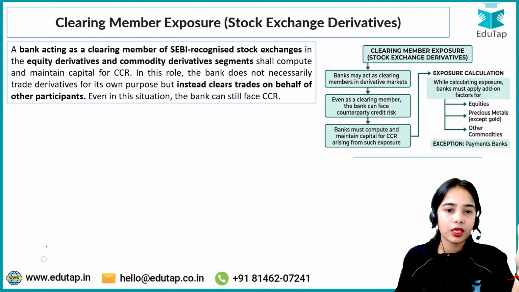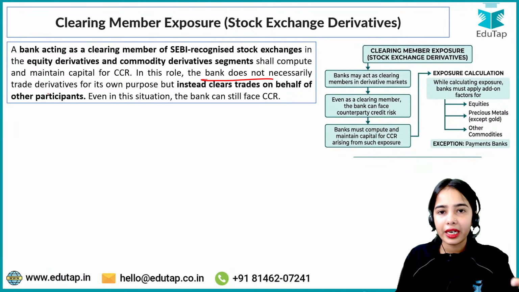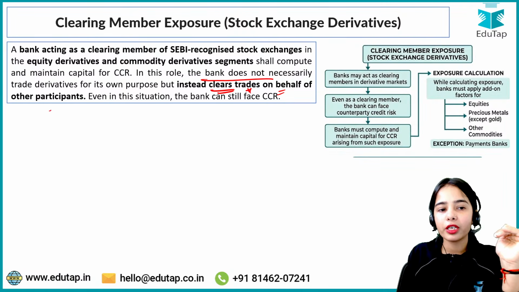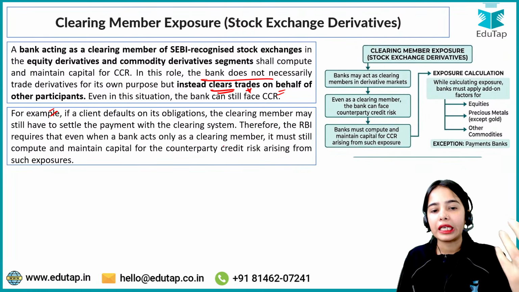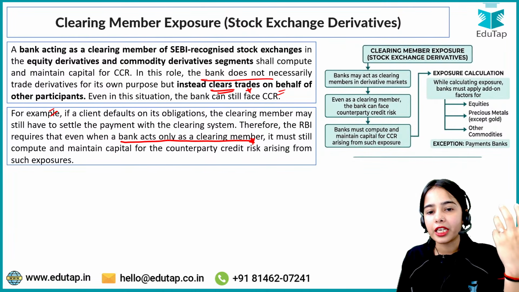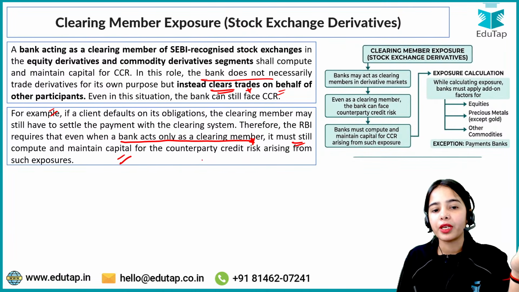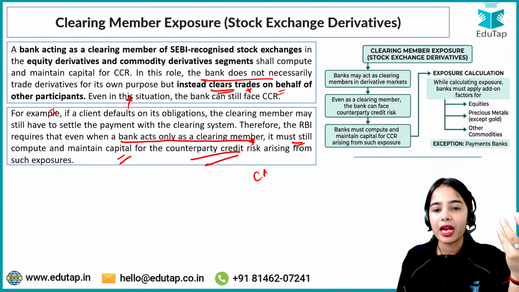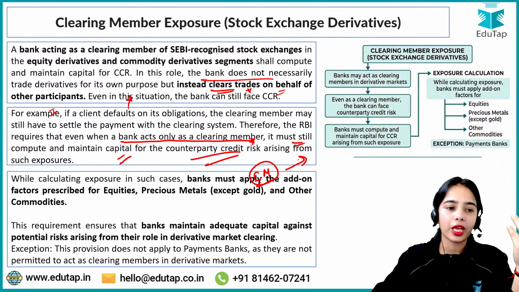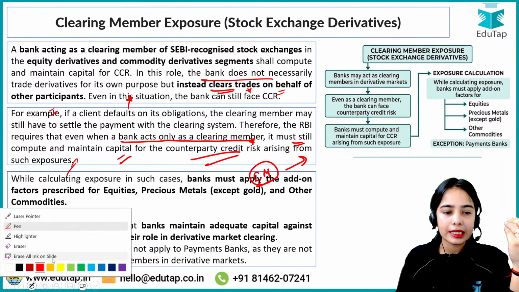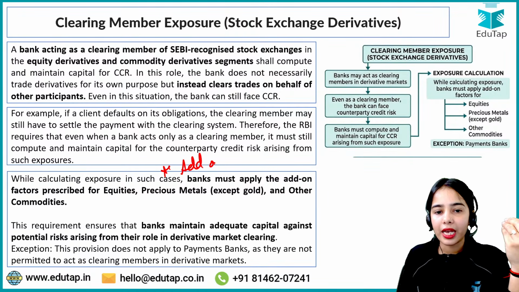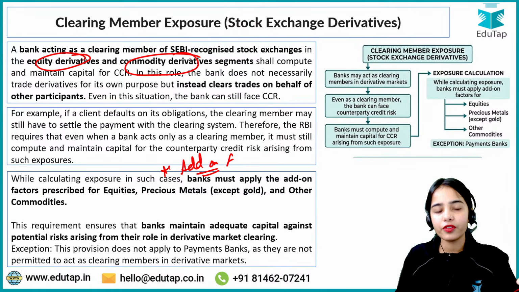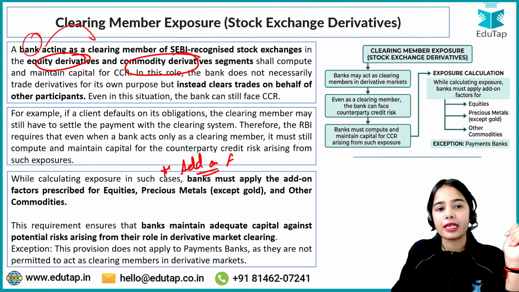The bank does not necessarily trade in derivatives, but if it clears the trade on behalf of other participants, it still has to maintain the capital, because if a client defaults, the clearing member has the responsibility to clear the trade. While calculating the exposure in such cases, the add-on factor will be applied for the equity derivatives and commodity derivatives, because in these markets the bank is acting as a clearing member.